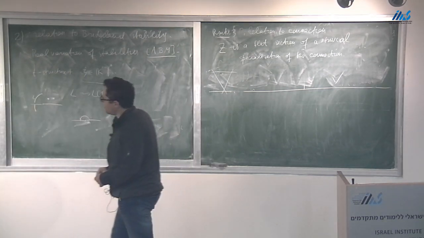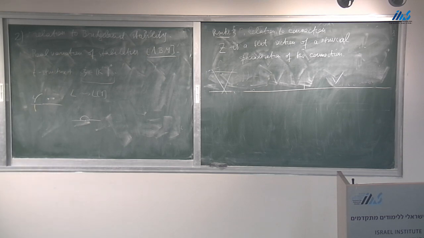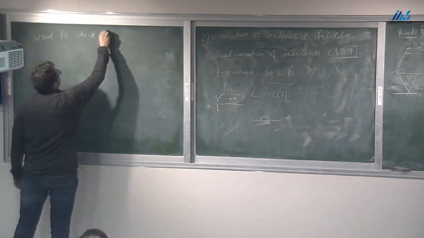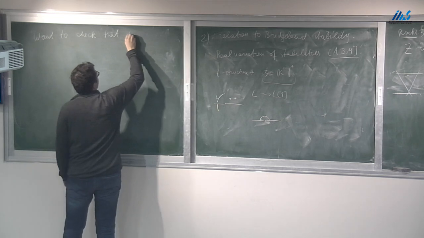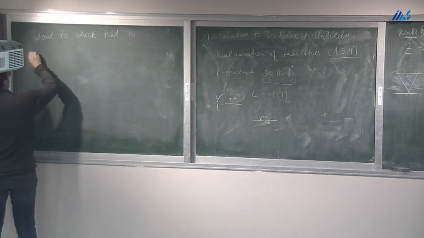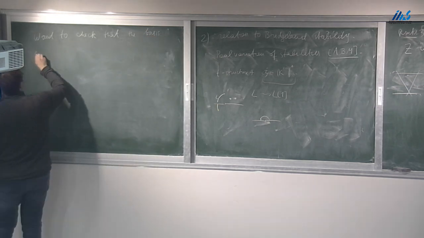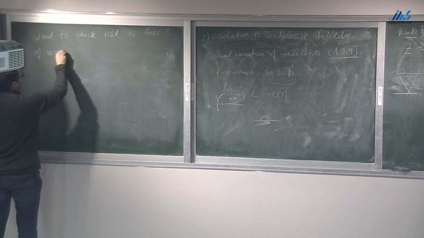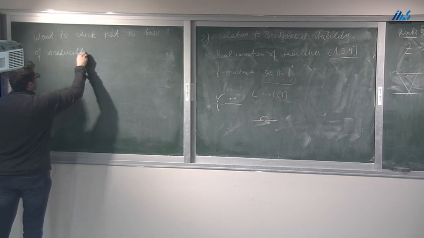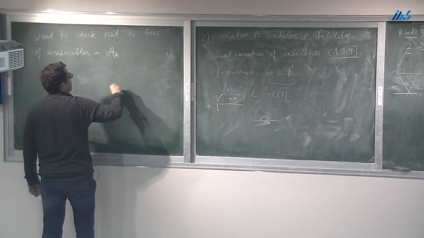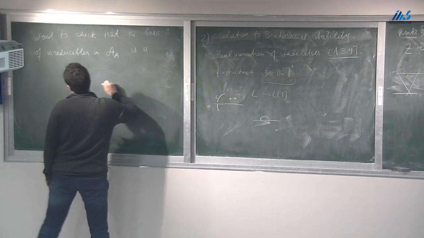In a way, my original goal in going into these projects was to check that the basis of irreducibles in A is a canonical basis in the sense of Kazhdan-Lusztig theory.